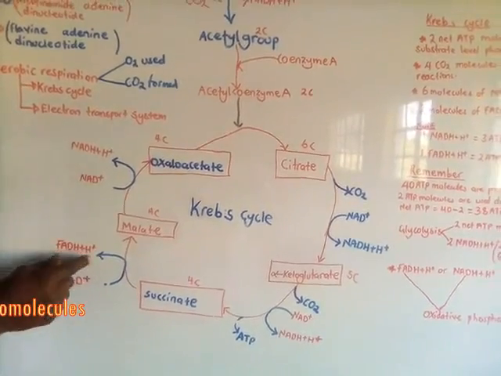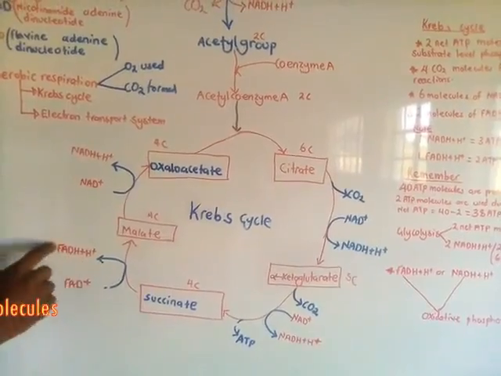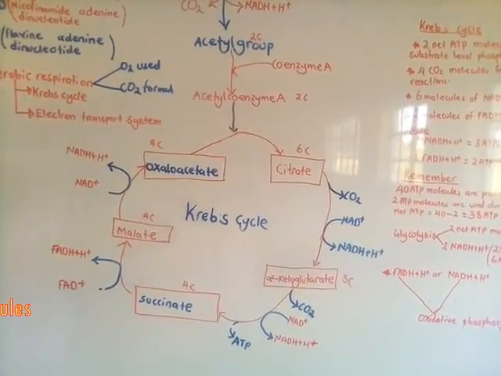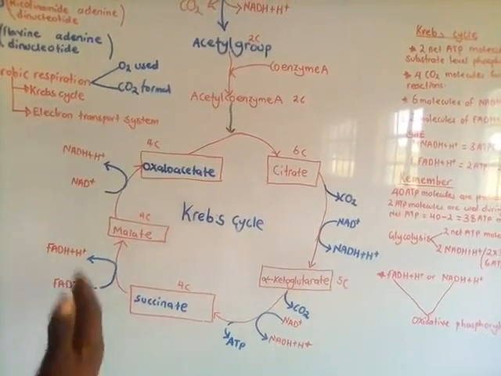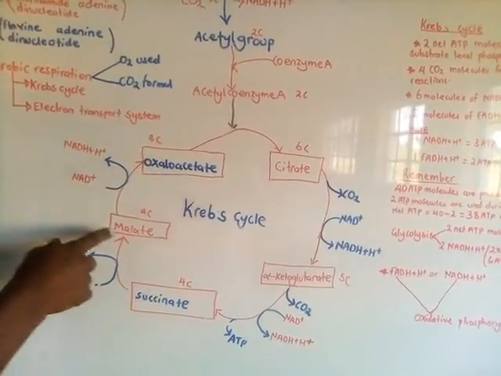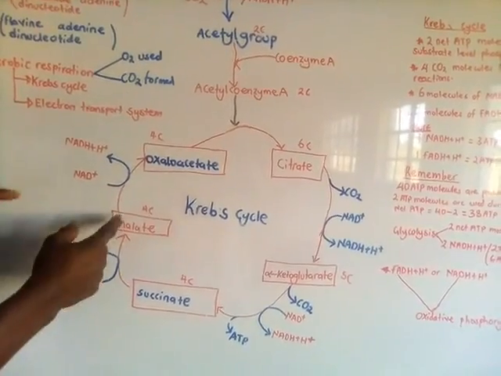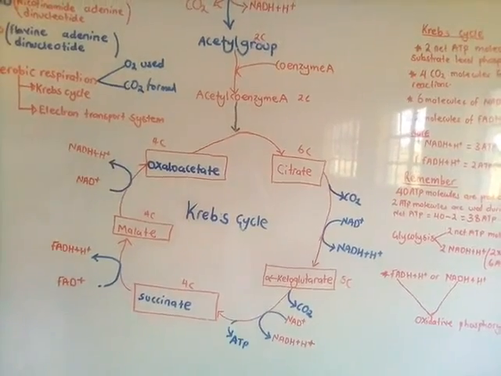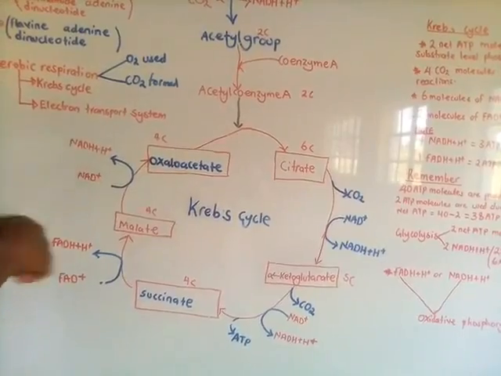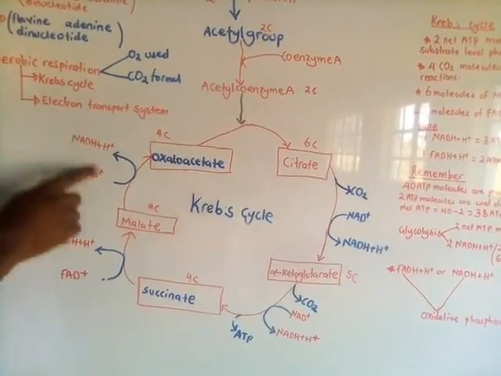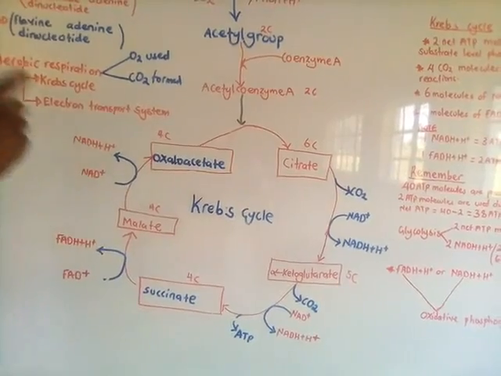And remember, reduced FAD forms 2 ATP during oxidative phosphorylation, and reduced NAD forms a total of 3 ATP. And we shall form malate. Then to convert it to oxaloacetate, we shall have further dehydrogenation using enzyme dehydrogenase, and the hydrogens are going to be given to oxidized NAD and shall form reduced NAD.